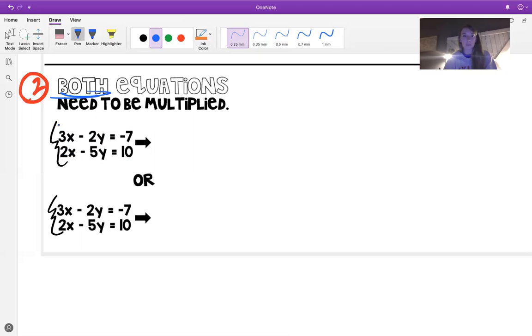So I know that I could multiply this one right here, both sides of it, by 2. And I could multiply both of these by negative 3. Actually, I'm going to change that, I'm going to do a positive 3.